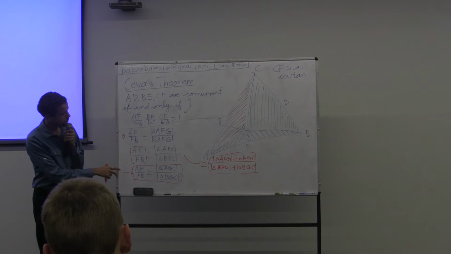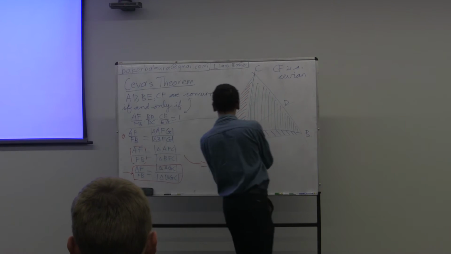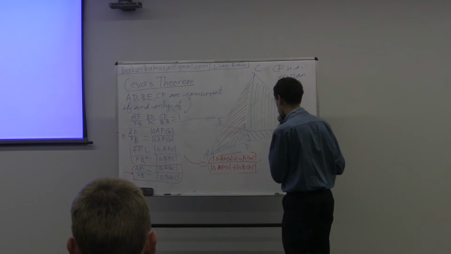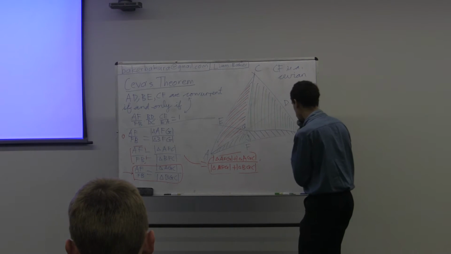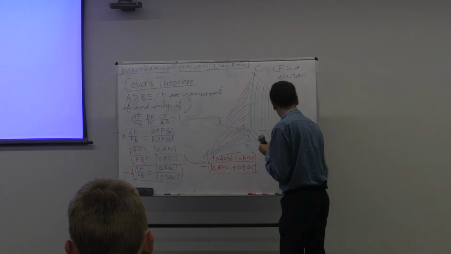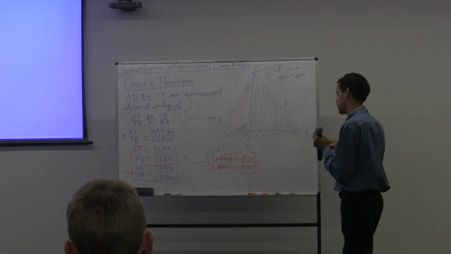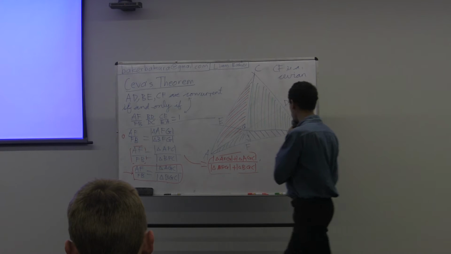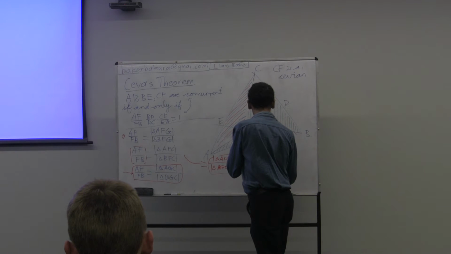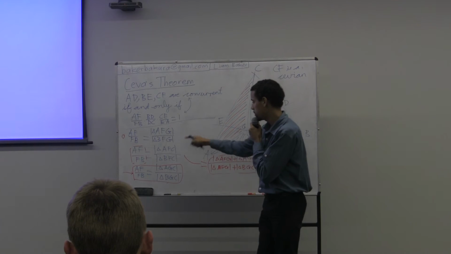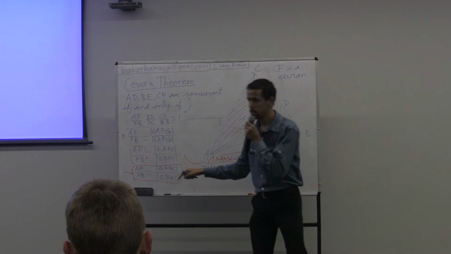What if, so this I just did for the one side, I did this for AF over FB. What if I was to do the exact same thing for BD over DC? What would I get at the end here? What would I get on this side?